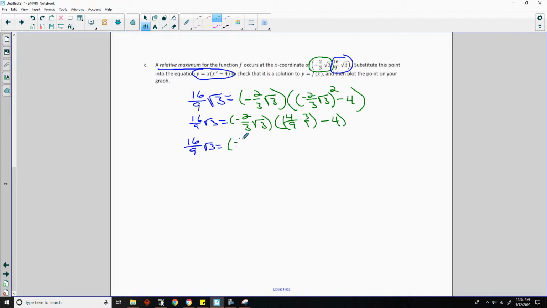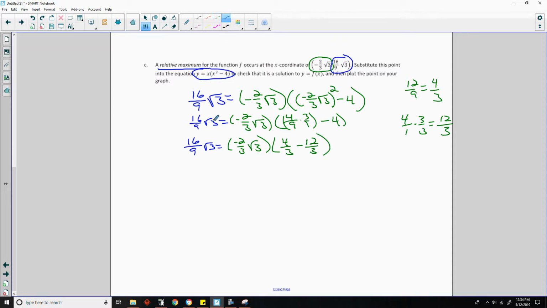So I'm just going to bring down negative 2/3 square root 3. And that's times, and 4/9 times 3 is 12/9. 12 over 9, which reduces to 4/3. So this is 4 over 3 minus 4, and 4 over 1, and I want a denominator of 3. We multiply the top and bottom by 3. That's 12/3 or 4. So minus 12/3.